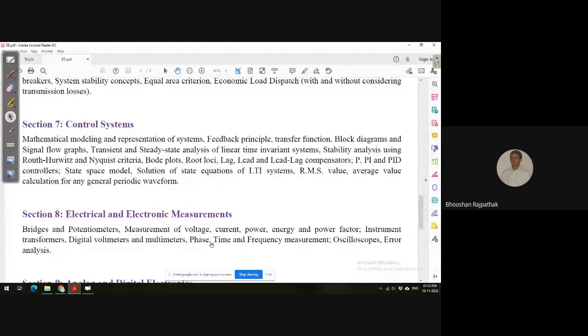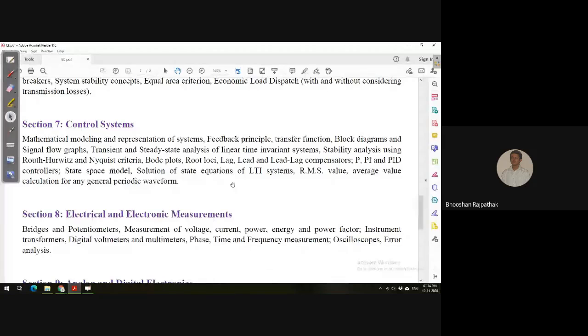We have mathematical modeling, representation of systems, block diagram, signal flow graph, transient and steady state analysis of LTI systems, stability analysis using Routh-Hurwitz, Nyquist, Bode, root locus, and then compensators, lag, lead, and PID controllers, tuning, and then state space model, solution of state equations, RMS and average value calculations for general periodic waveform. This is typically the syllabus for the university undergraduate control system course. Almost all the topics are covered in our undergraduate course here.